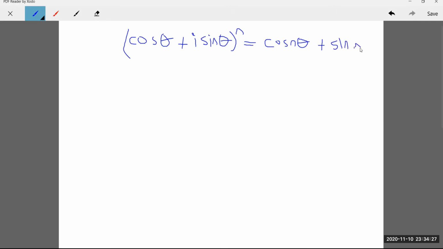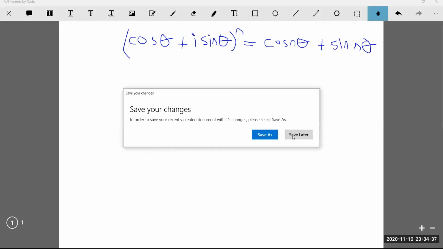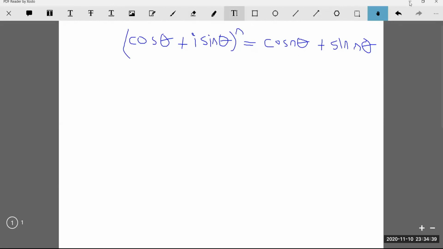When they ask you for sine 4 theta, they're telling you to substitute n equal to 4 into the equation. So let n equal 4. If we let n equal 4, what we're going to get is cos theta plus i sine theta to the 4th.